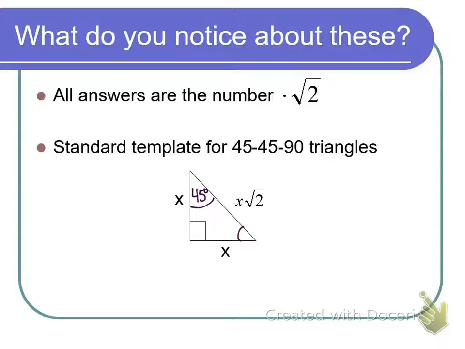Okay. Another way that we'll write this sometimes is that the hypotenuse, or h, is equal to a leg times the square root of 2, where h is the hypotenuse and L represents one of the legs.